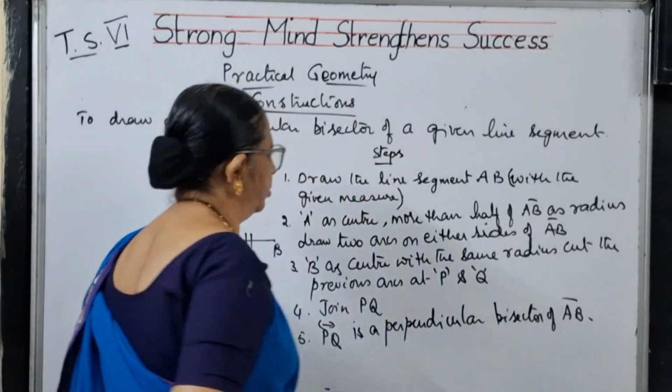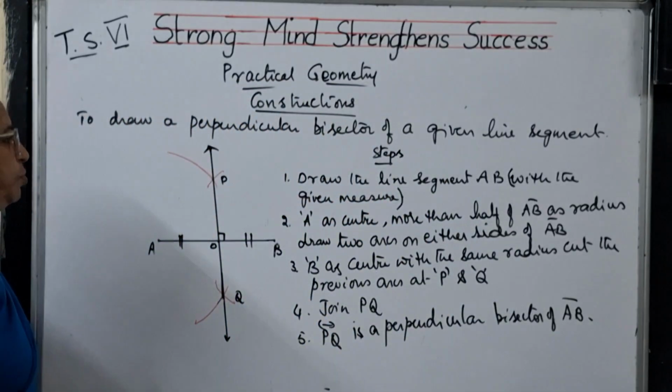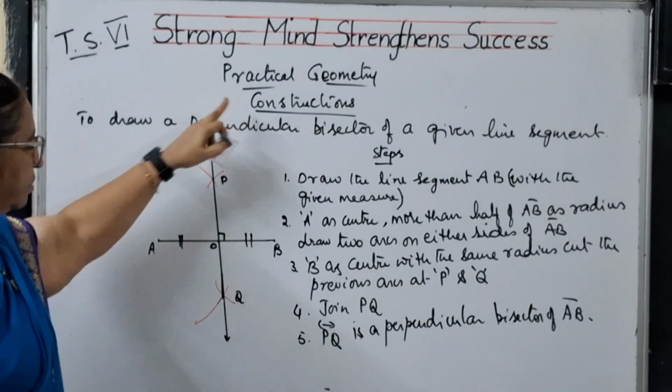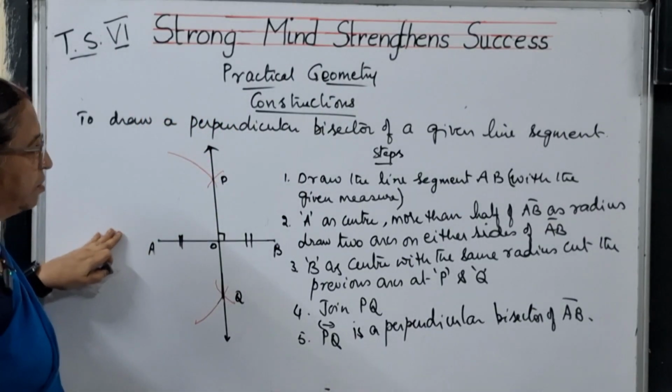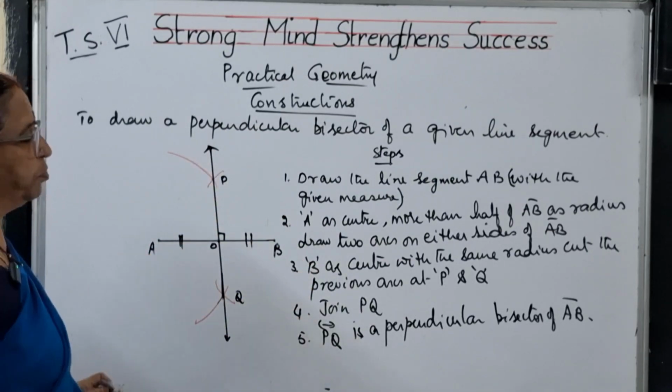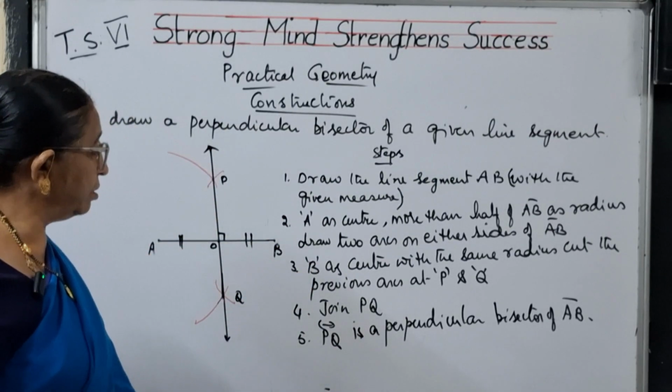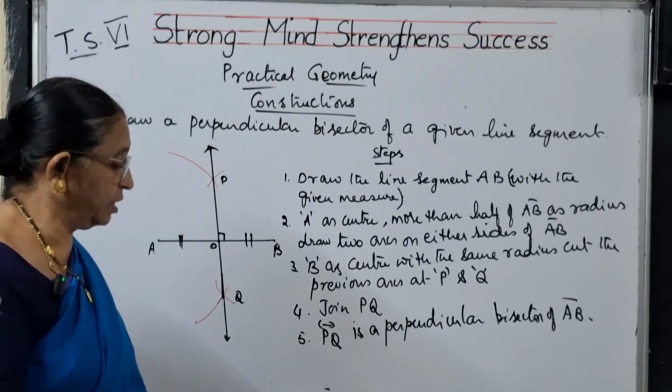These steps are to be followed whenever you do this construction. Whenever you say constructions, you should do the construction as well as write the steps. Okay, you are in small classes, so you should learn this because it is useful for higher classes.